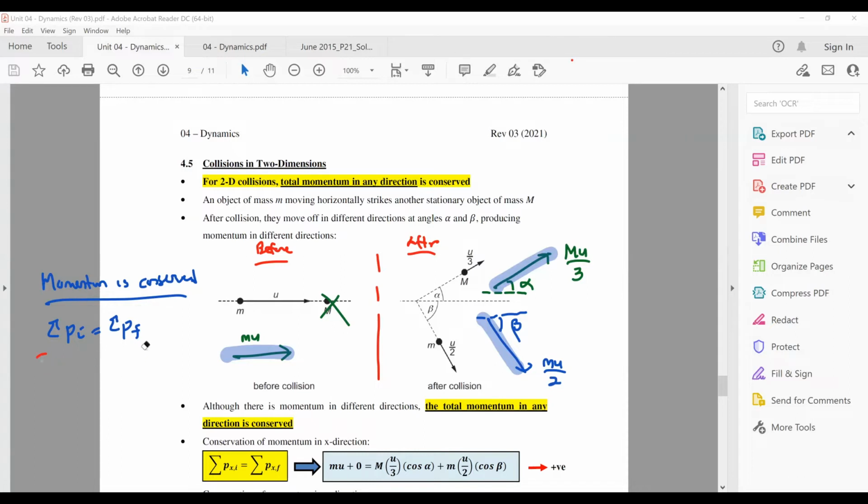Let me just write this out properly. In vector form, this means that mu is equal to mu over 3 plus mu over 2.